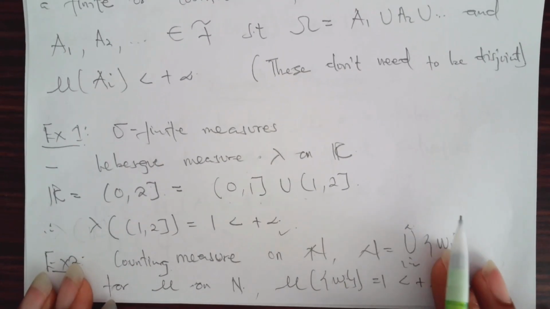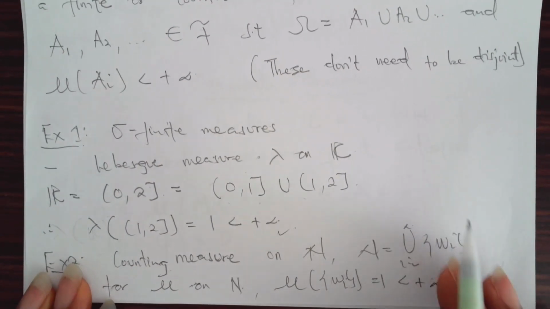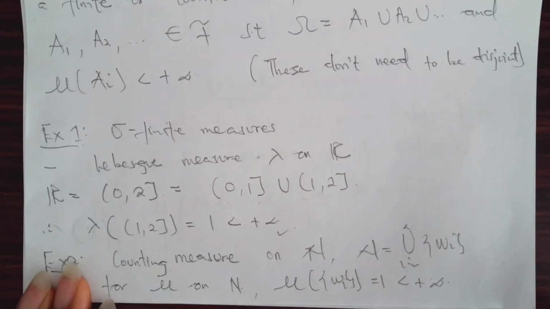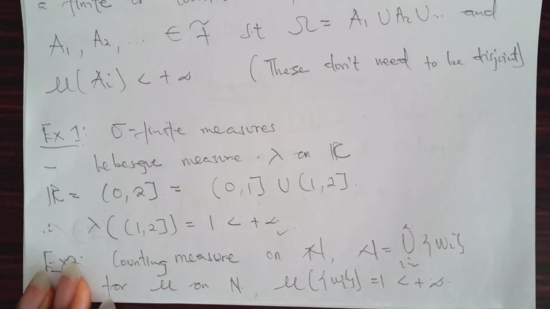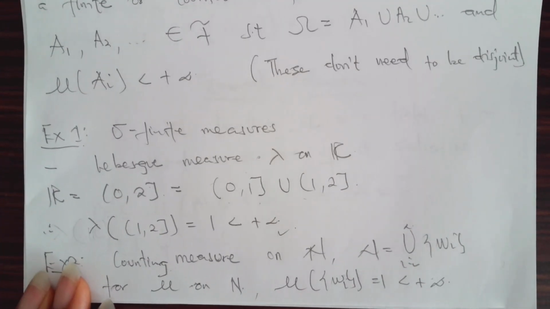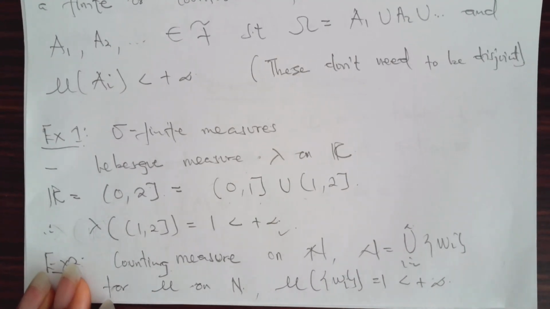We can also consider the counting measure on the natural numbers. Note that the natural numbers can be written as the union of its individual elements. In a counting measure, the measure of each individual element is 1, and this is also finite.